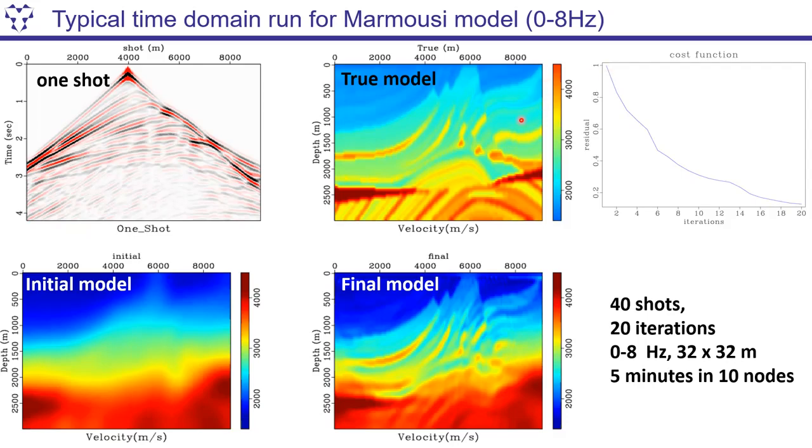As this is happening, the velocity model is achieving more and more resolution. Now notice that for doing this, I didn't need to go to very high frequencies. I only use a maximum of 8 Hz, which allows me to work with coarse grids, in this case of 32 meters on each side. And because of that, I could do this, for example, in a small cluster in very short time, in 5 minutes.